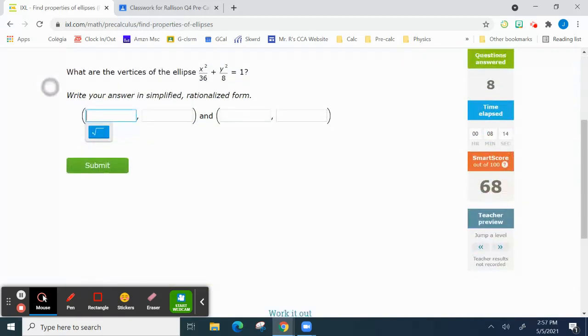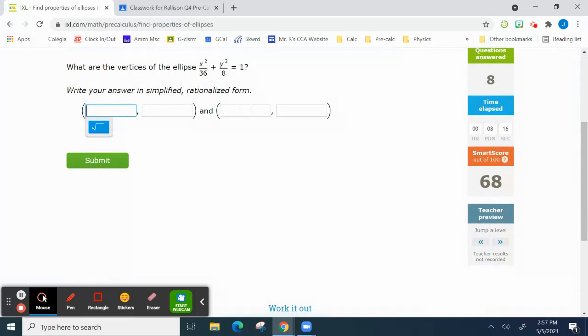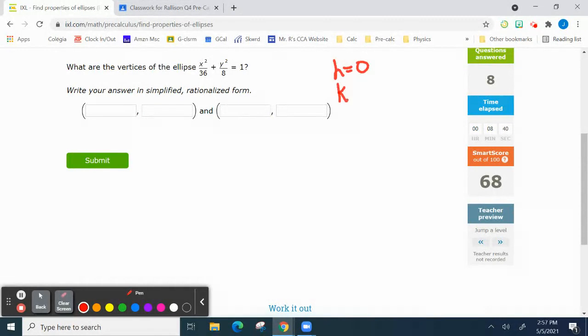All right. What are the vertices? So now we've got to start to think a little bit, and I'm going to tell you this straight up. If you develop a great intuition, that's wonderful, but the best way to just make sure you get it right, until you're super sure, is to just write it all out, right? So I'm looking at this, and I can already see h equals 0 and k equals 0.